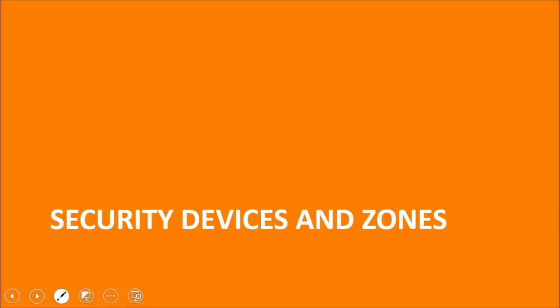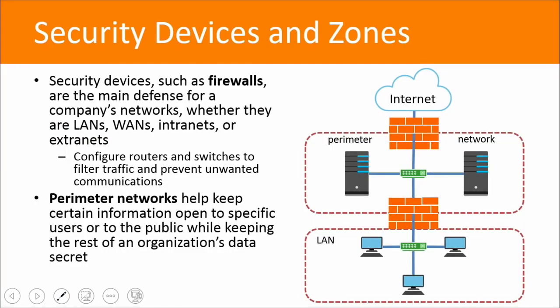All right. Lastly, we'll talk about security devices and zones. If we want to access these networks, we want to protect our data and make sure that it maintains its integrity and that other people aren't able to steal it and access it, we've got to make sure that we're set up to properly protect it. So to do that, we use security devices such as firewalls, right? They are the main defense for not just a company's network, but for any network, whether they're LANs, WANs, intranets, or extranets.